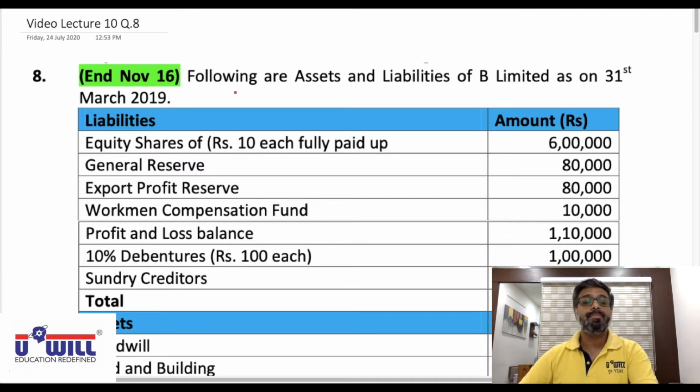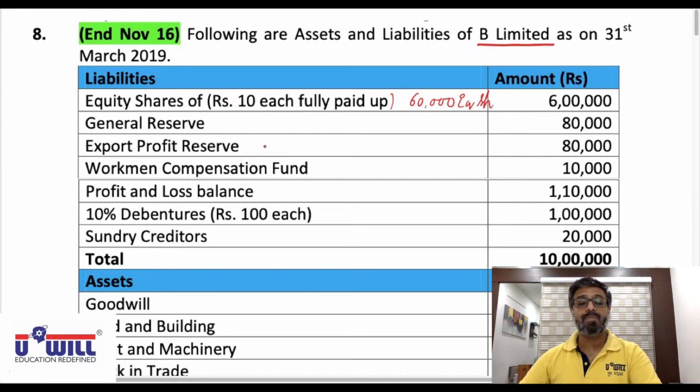Look at the things. Following are the assets and liabilities of B Limited as on 31st March 2019. Equity shares of rupees 10 each, fully paid up, 6 lakhs. So 6 lakhs divided by 10, how many equity shares would be there? 60,000 equity shares. General reserve, export profit reserve.